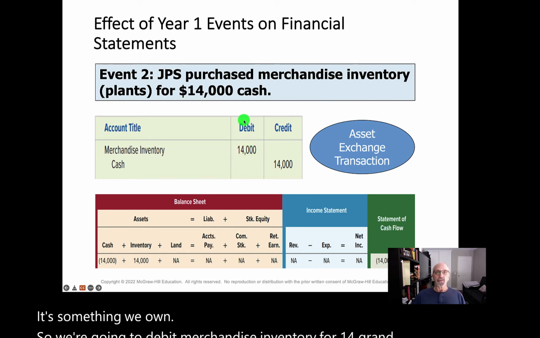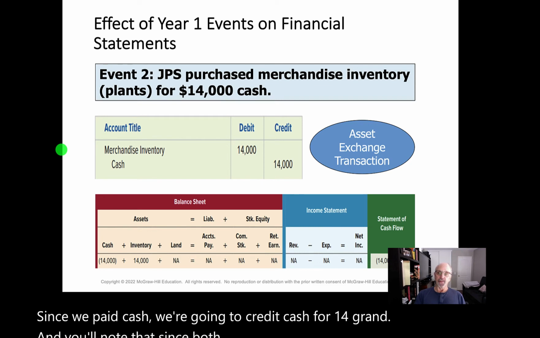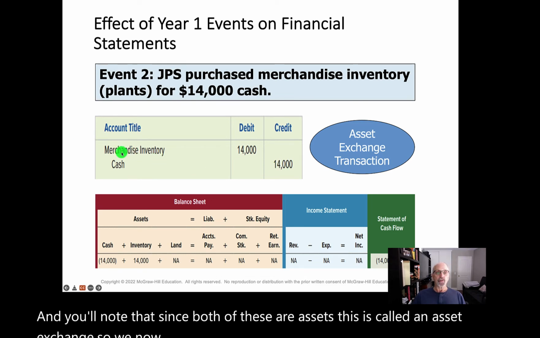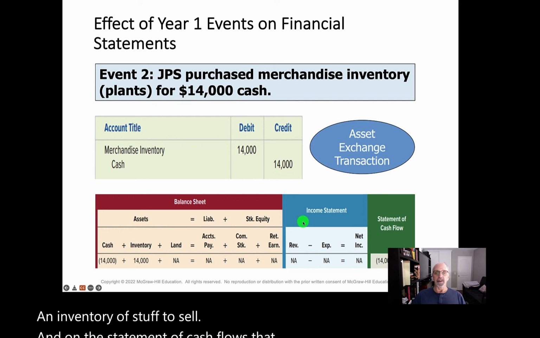Since we paid cash, we're going to credit cash for 14 grand. And you'll note that since both of these are assets, this is called an asset exchange. So we now have exchanged cash for an inventory of stuff to sell. And on the statement of cash flows, that is an operating activity.